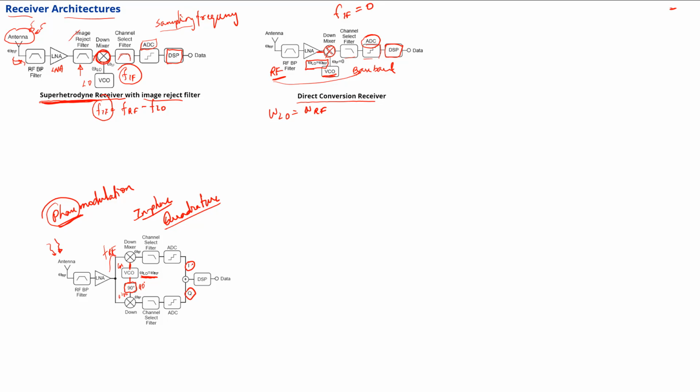So you get an in-phase component, which is the cosine signal, and the quadrature component, which is the sine signal. Again mixing it with the RF, the same RF being split into in-phase and quadrature phase, the two in-phase and quadrature components can be individually sampled using analog to digital converters, and subsequent signal processing can be done to obtain the information.